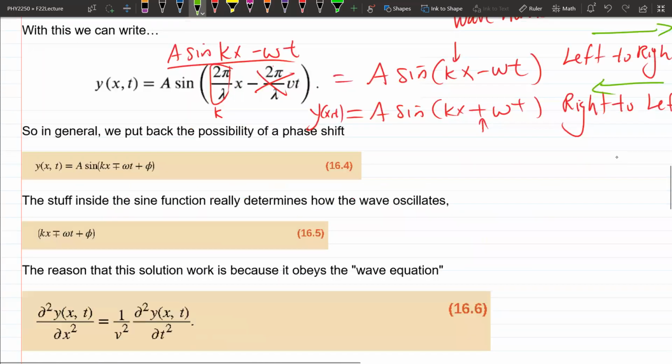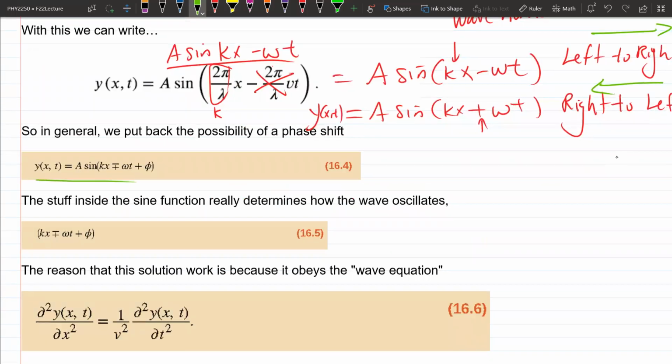So in general, the book makes this complicated equation where it just writes that the general way to describe a wave, the amplitude of a wave, the displacement of a wave, is the amplitude times sine of kx, which is the first piece here, and then this upside down plus minus sign, so it's minus plus, times omega t, which is what we have up here.